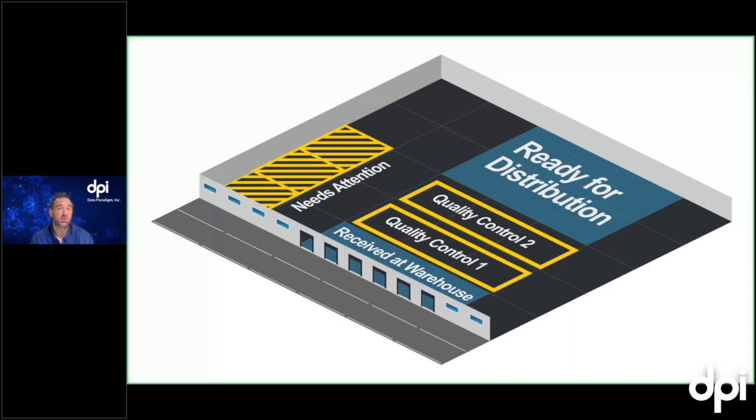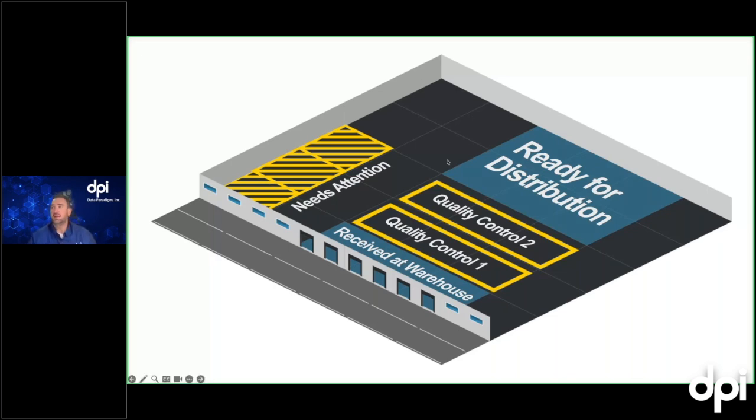And maybe quality control 1 signals that they need clothes, quality control 2 signals that they need toys, and you can differentiate them that way. Quality control 1 could mean that it was reviewed by a social service person, and then quality control 2 might be the officer, right? You can utilize these tools as you see fit.